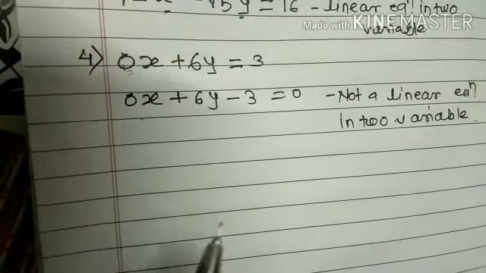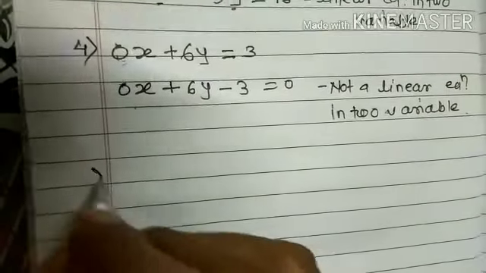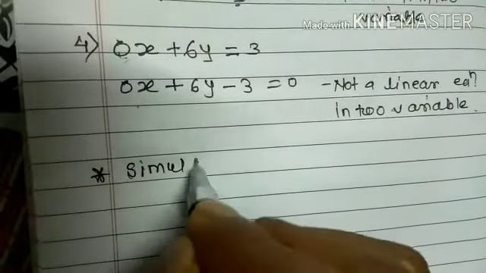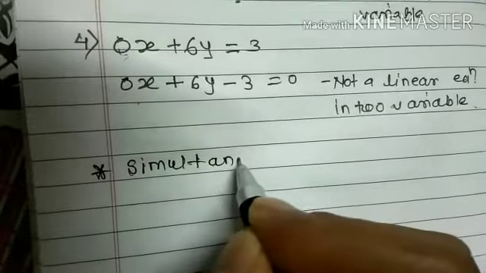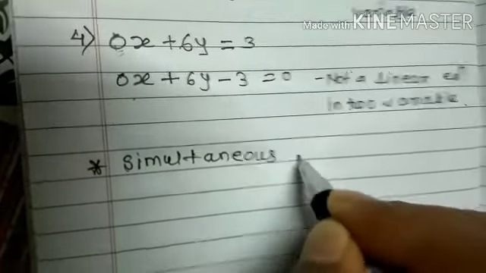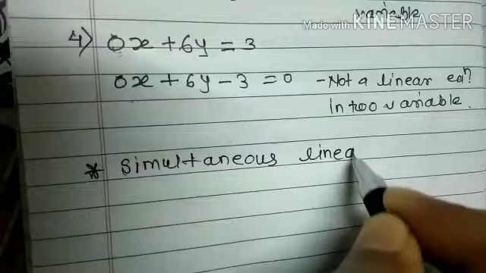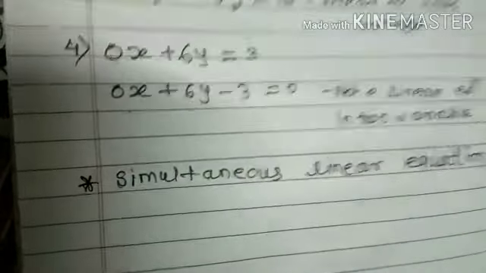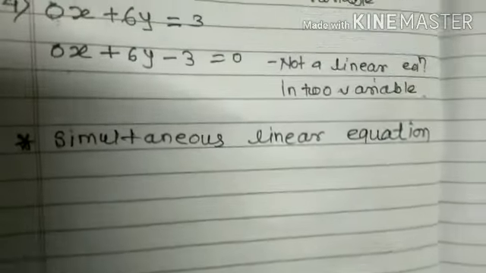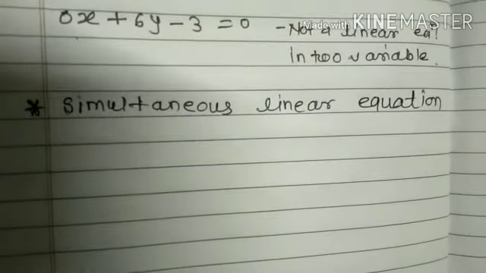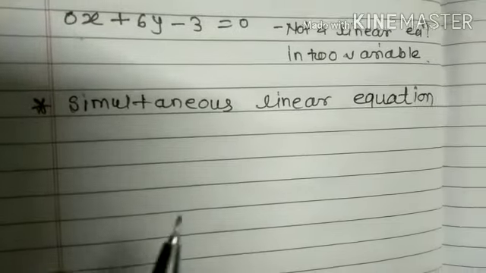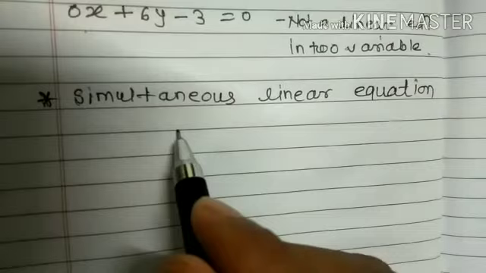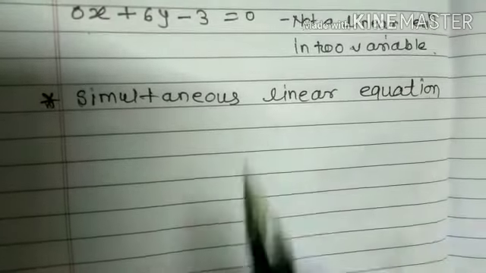The second point is simultaneous linear equation. In simultaneous linear equations, two linear equations involving two variables taken together form a system of simultaneous linear equations.